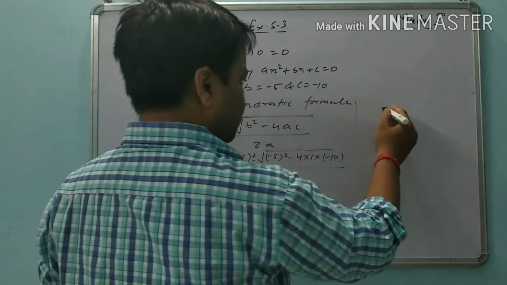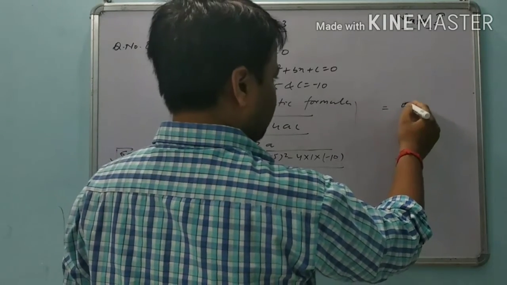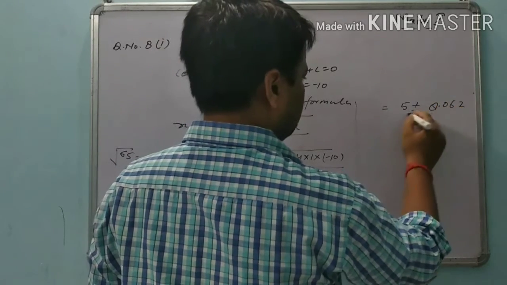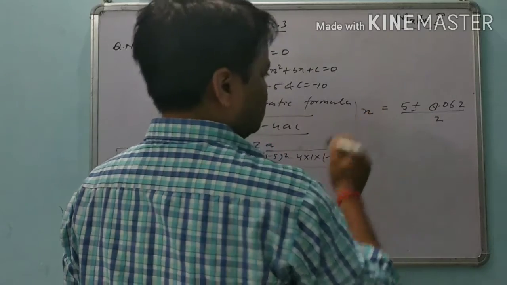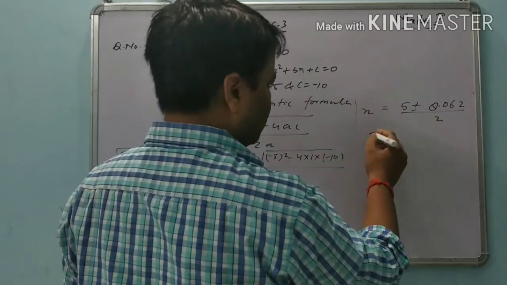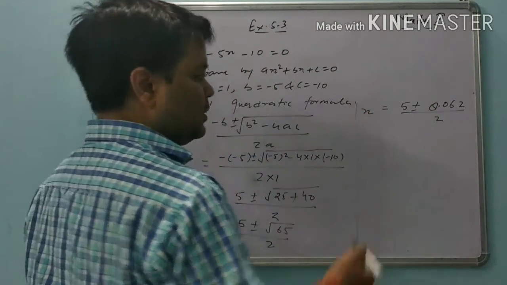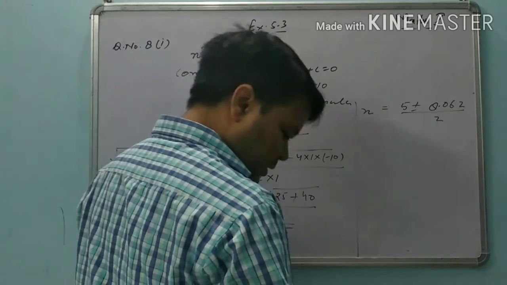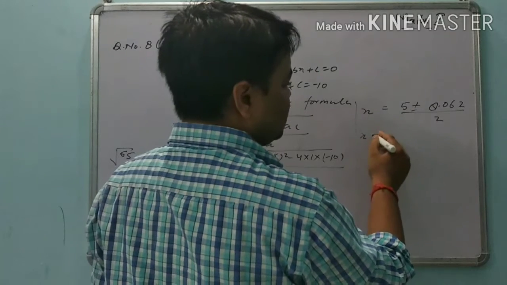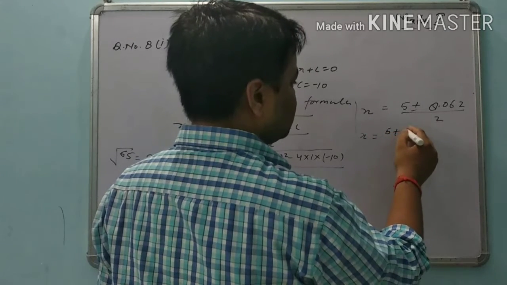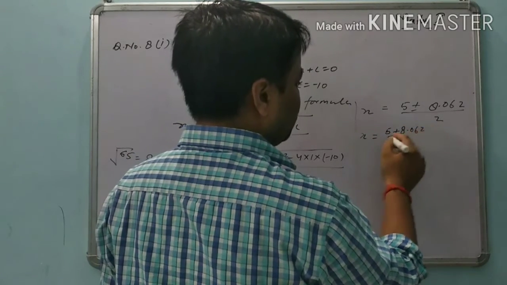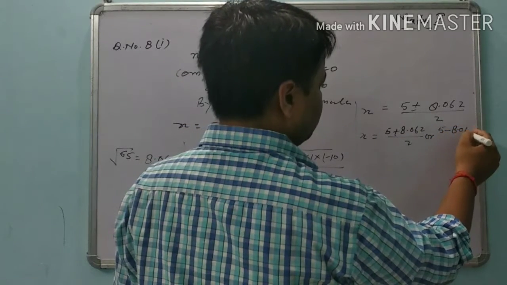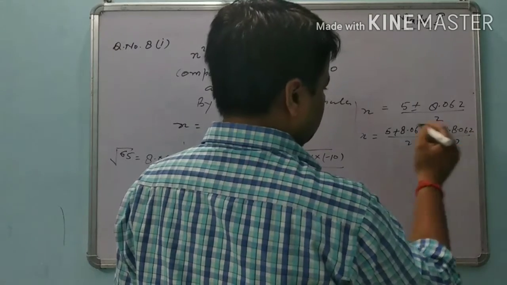Then it will be 5 plus minus 8.062 by 2. Now first we take the plus sign and then the minus sign. Then x is equal to 5 plus 8.062 by 2 or 5 minus 8.062 by 2.